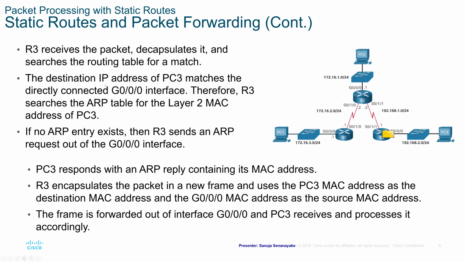And this time the destination IP address of PC3 matches the directly connected G0/0 interface, because now the packet has pretty much arrived at the last hop.